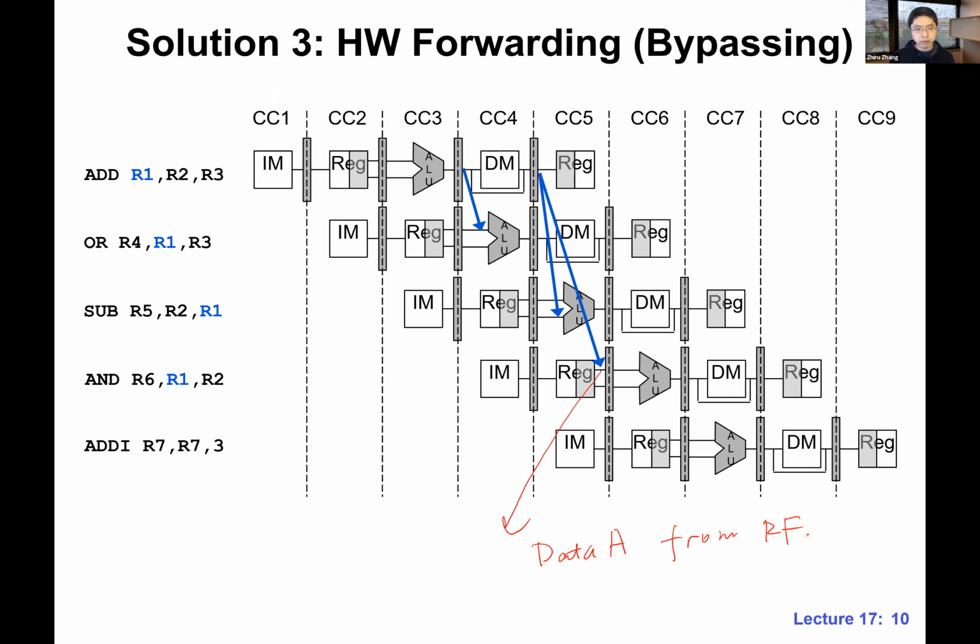But the one that we read out from RF is old, it's the old R1. So instead of using this old data A, why don't we just use this value? Then we push this one into the pipeline register. That's where we need the mux. If we indeed do the forwarding, we need to choose this blue arrow instead of the data A from RF. Oh, okay, I see that.